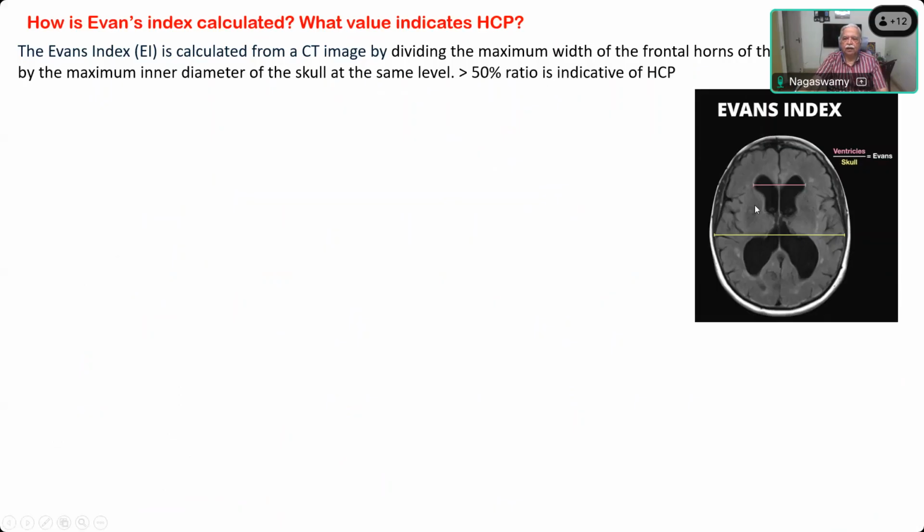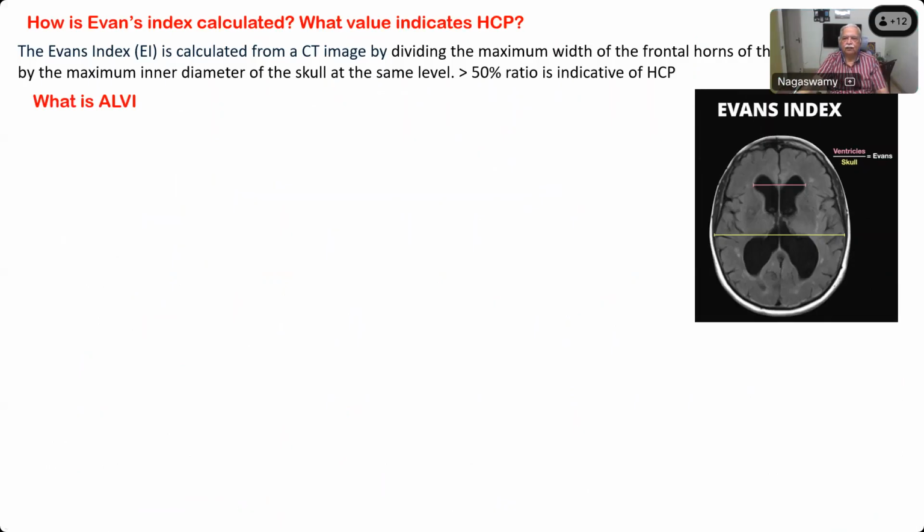And so this is the picture that you can see here. This is the lateral ventricle, and actually this line should be close to this, not so much down here. And there is a next thing called alveoli. What is alveoli?